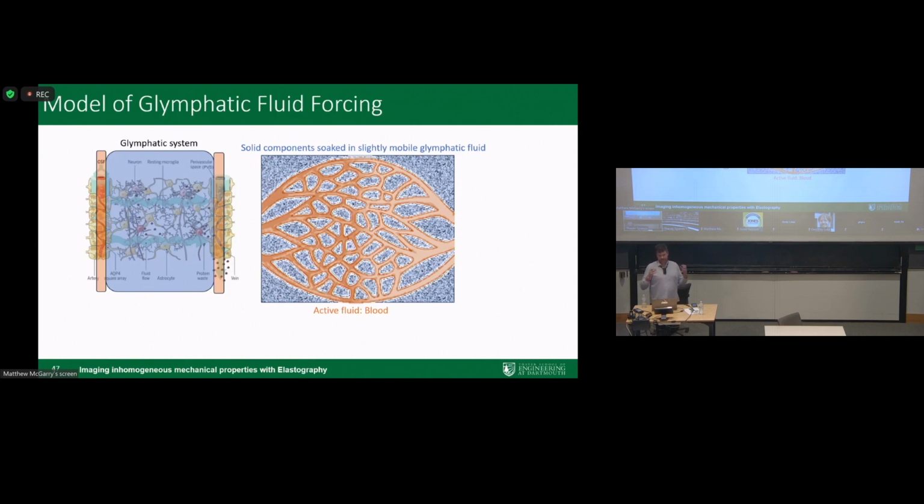Each time the blood vessels fill with fluid, it applies a stress on this porous matrix of glymphatic fluid, and moves it ever so slightly. And the factors which produce the pressure gradients are the stress in the solid matrix.